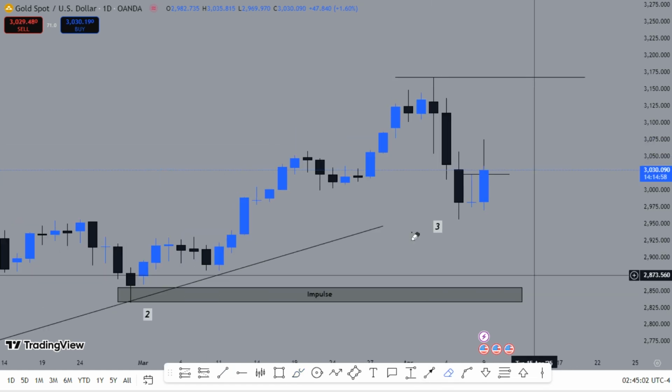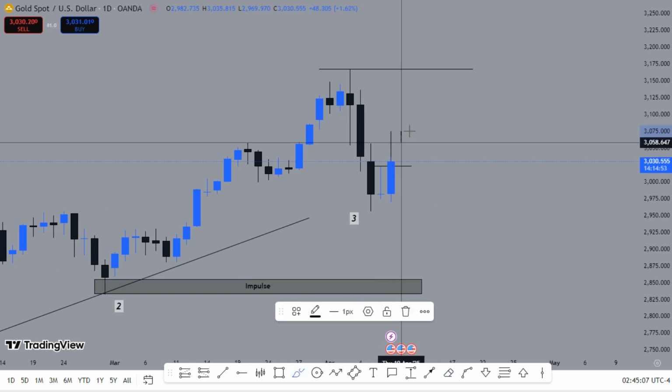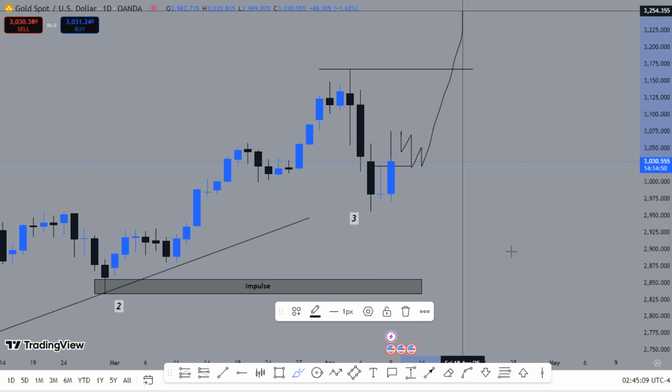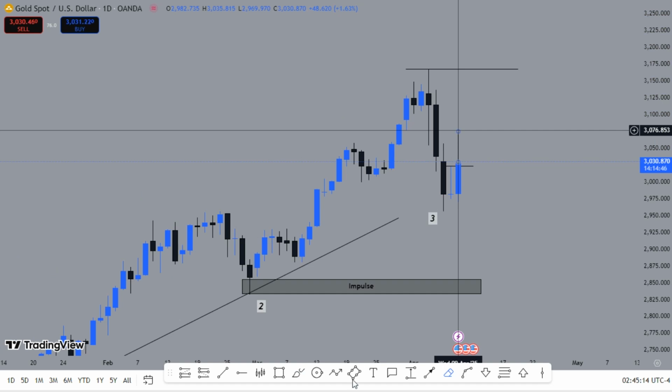So what does that mean? That means I'm now supposed to look for a continuation or a pullback once again, and then look for my entry position. But this is gold. Sometimes it might not give us that impulse.